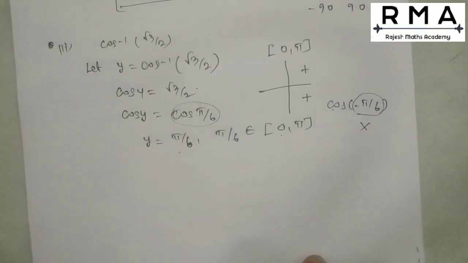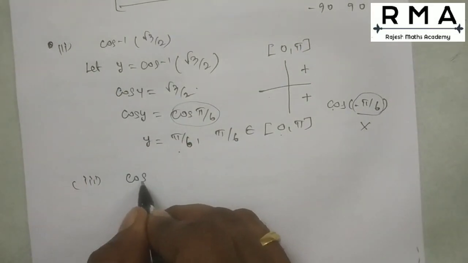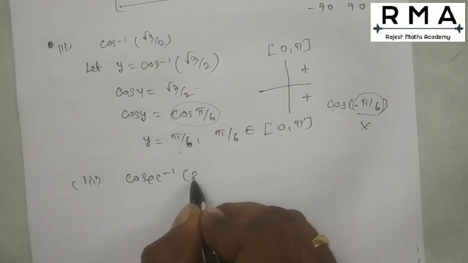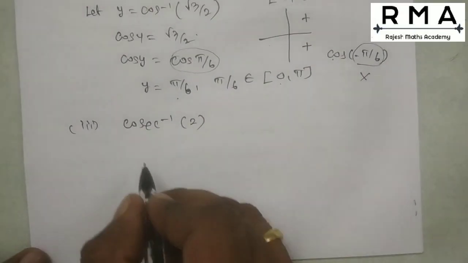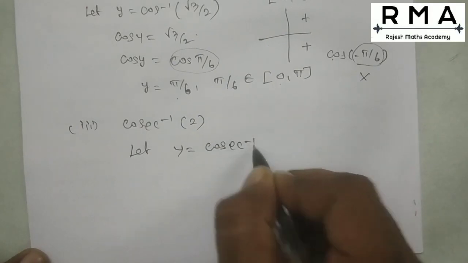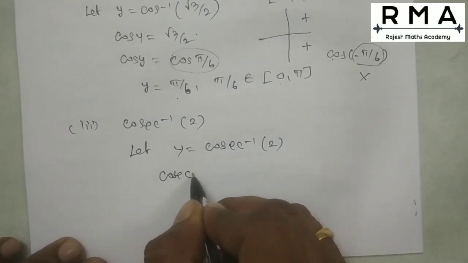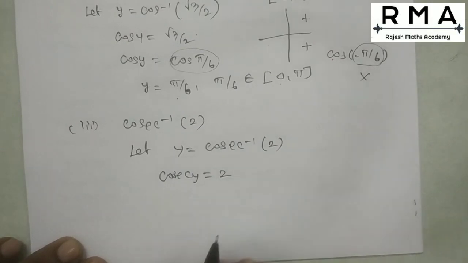So one more question, number 3, in the same model as this one. That is cosecant inverse of 2. So let y equal to cosecant inverse of 2. So what is the value of cosecant y? Cosecant y equal to 2 will come.